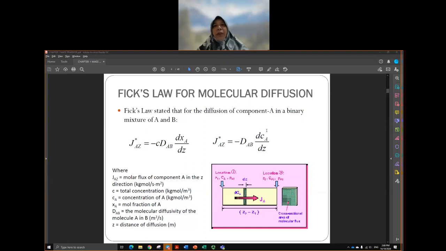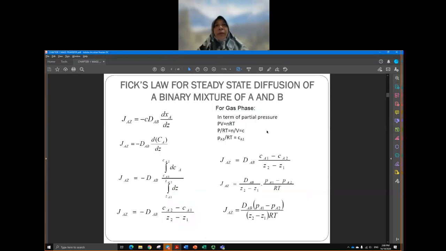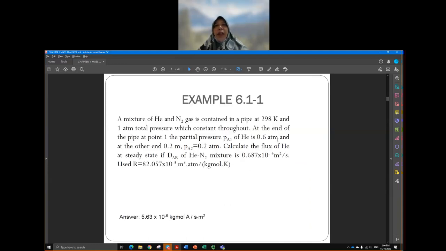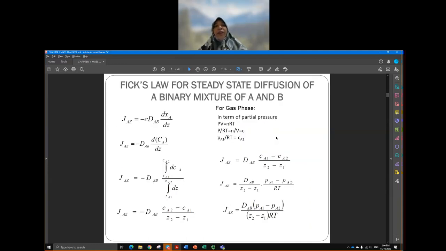Okay, so the next slide will be Fick's law for steady state diffusion of a binary mixture. This is very important because you need to differentiate between the transfer of gas and the transfer of liquid.